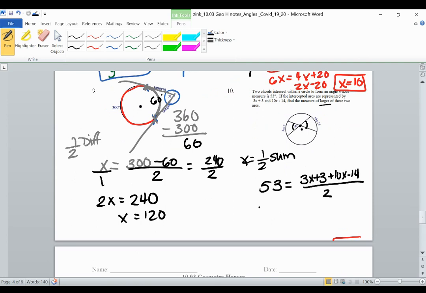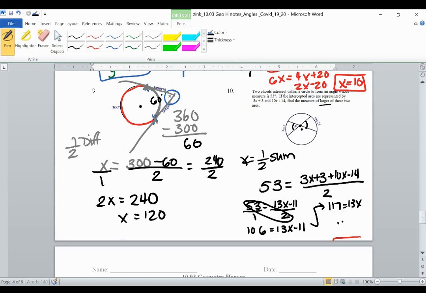So here we can combine our like terms, and we get 13x minus 11 over 2. And here is where we might want to cross multiply because we have a variable over there. So we get 106 equals 13x minus 11. Add 11 over. You get 117 equals 13x. Divide by 13. And x is equal to 9.